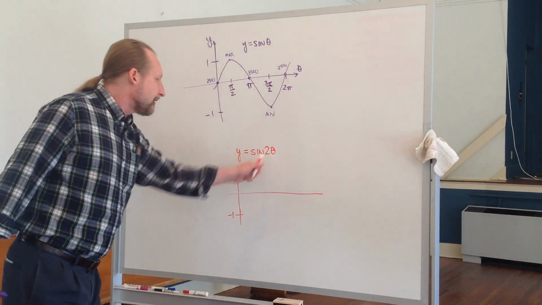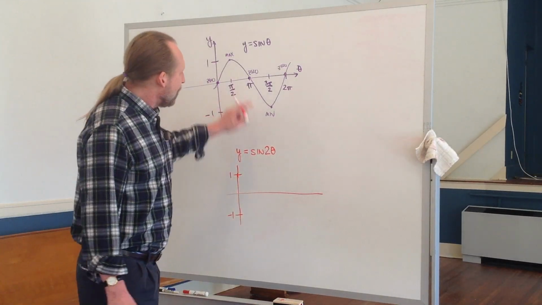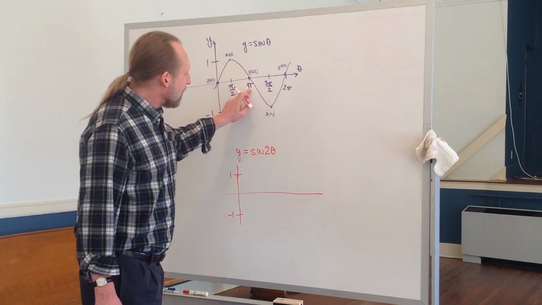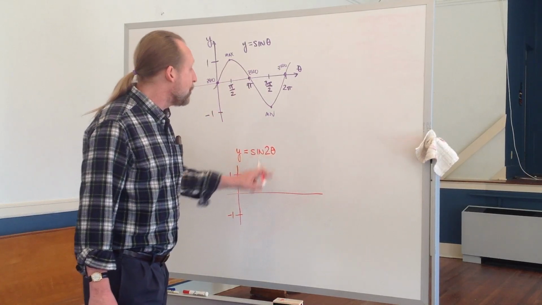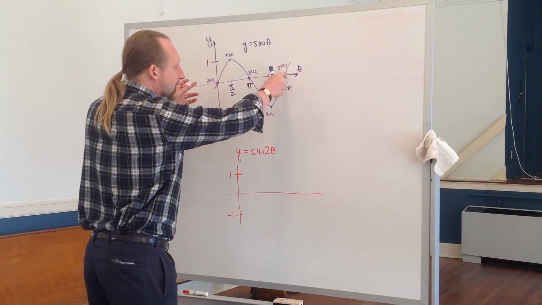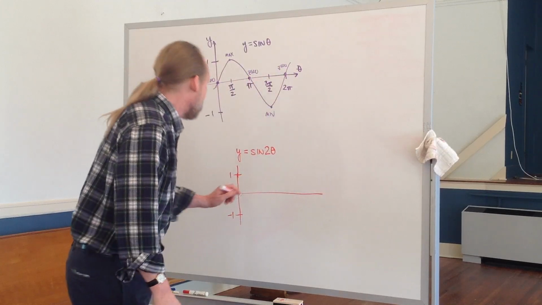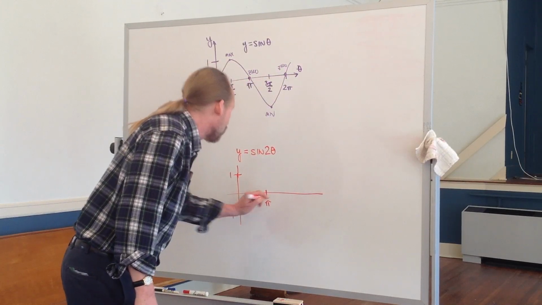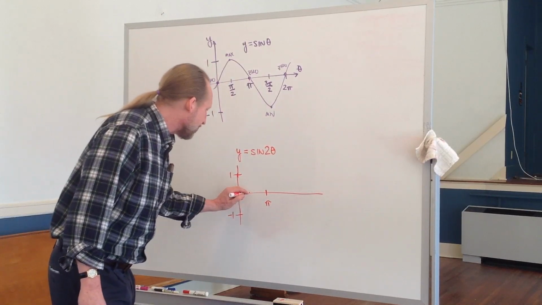But this is going to affect the period of the function, because now, when theta is pi, we're going to multiply that by 2 and then find the sine of 2 pi. Okay? So this value right here, which was over at 2 pi, is actually now going to be over here at pi. So what that says is that this is our new period, is pi.